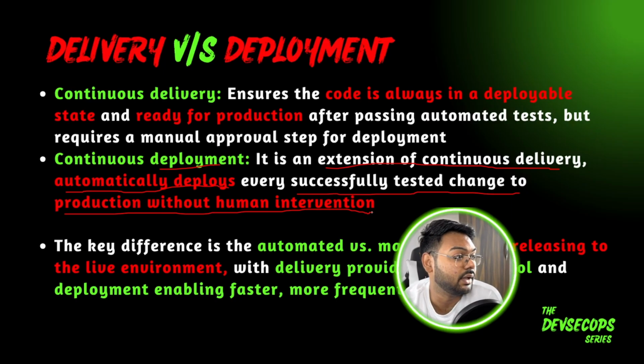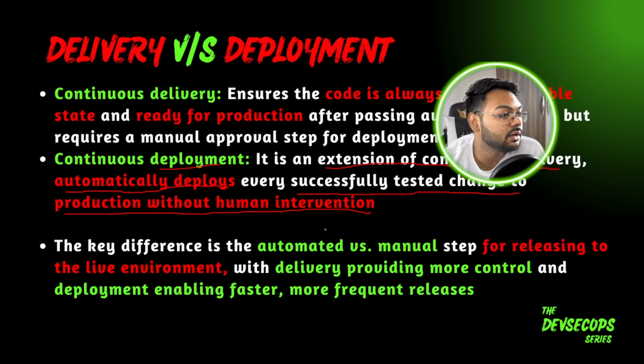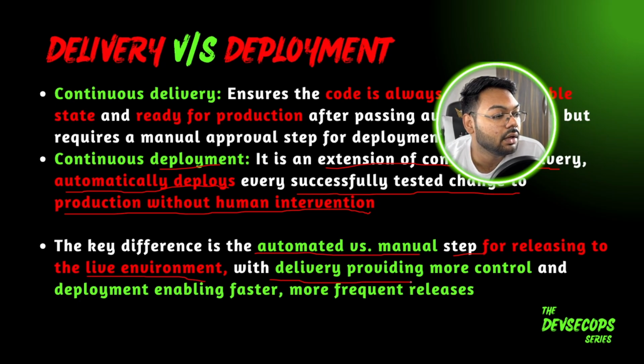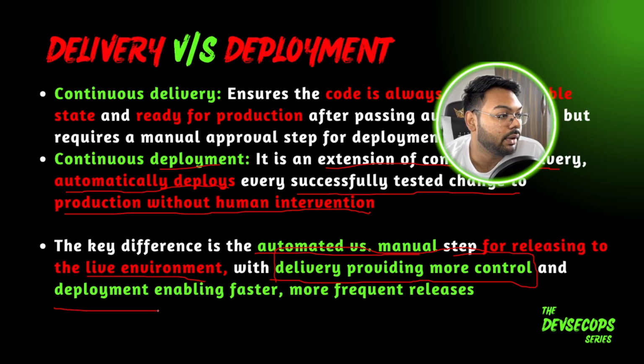I hope that was a bit clear for you guys. The key difference is the automated versus manual step for releasing to the live environment, with delivery providing more control. If you want more control on your deployments, you need continuous delivery, and deployment enables faster and more frequent releases.